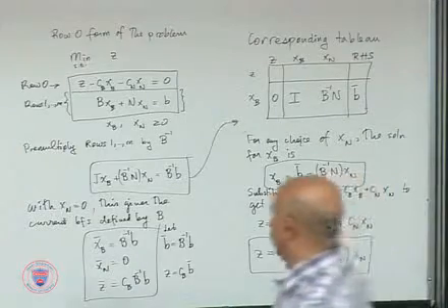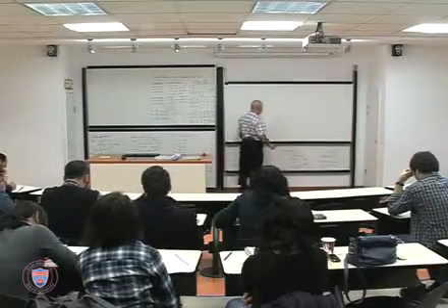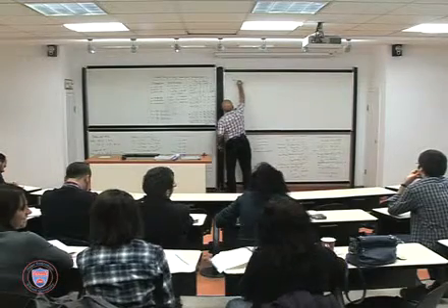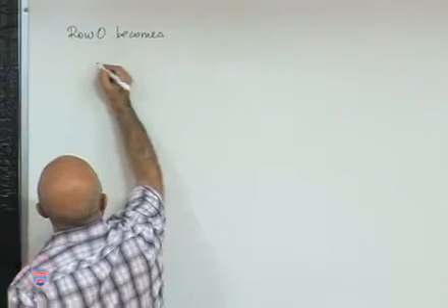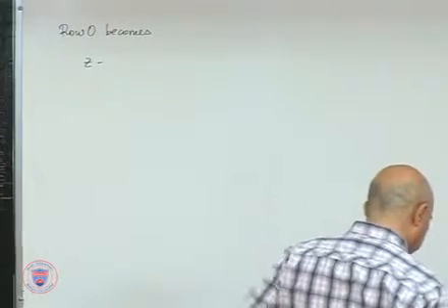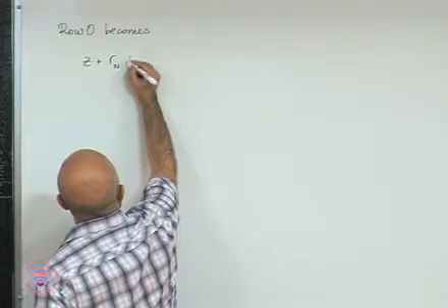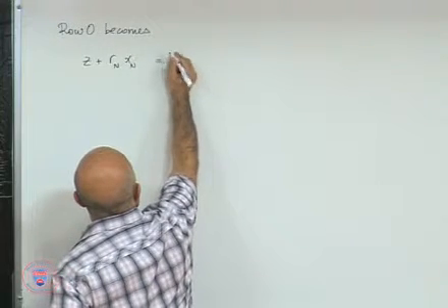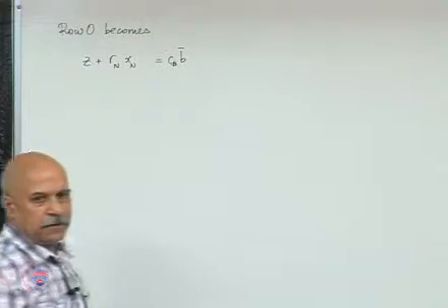With that, row 0 reads now: z plus Rn times xn equal to cb times b bar. Right?